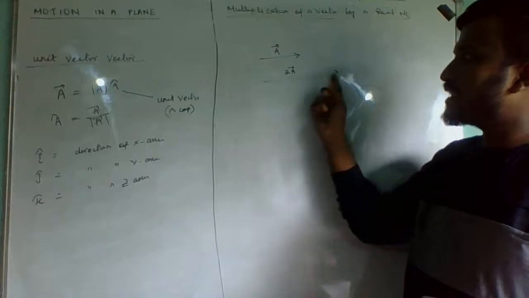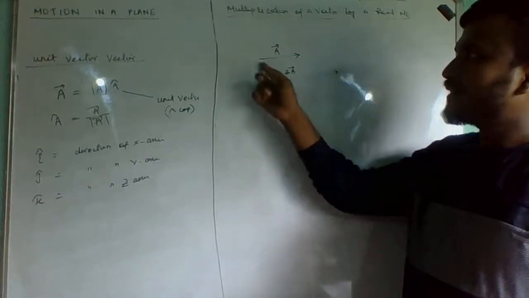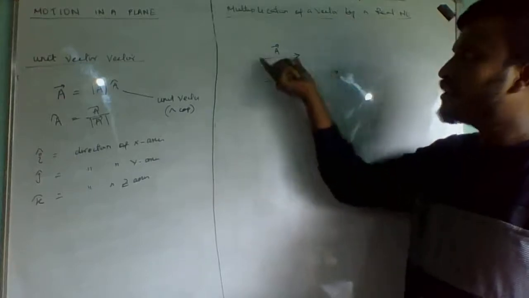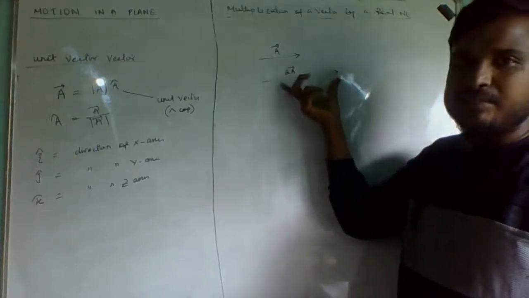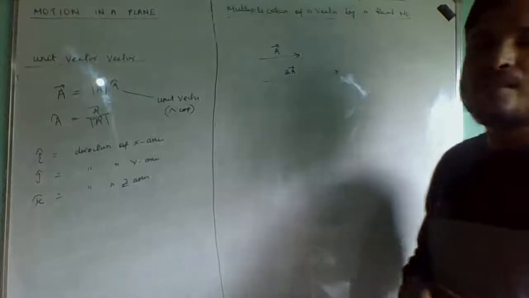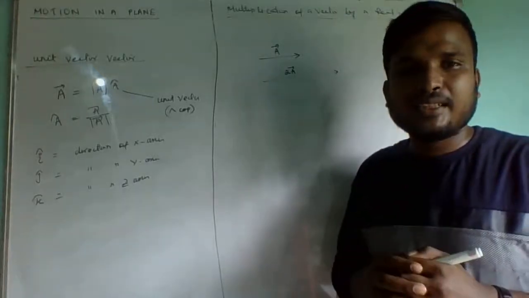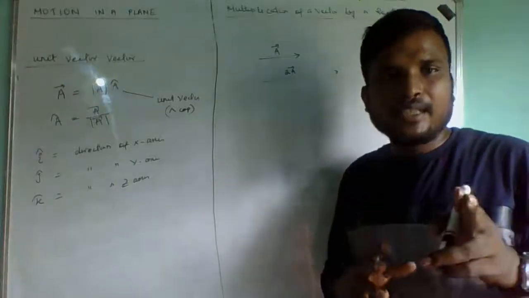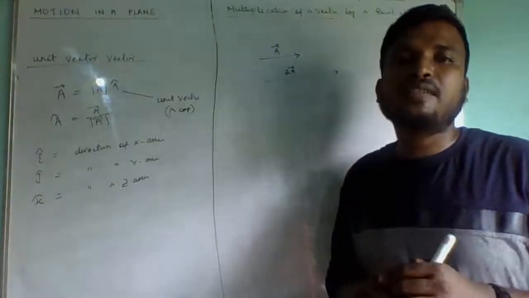Because this new vector is moving parallel to the original vector in the same direction, only the length of the vector got changed. That means when you multiply any vector by any real number or scalar, only the magnitude will change, but the direction will not be affected.